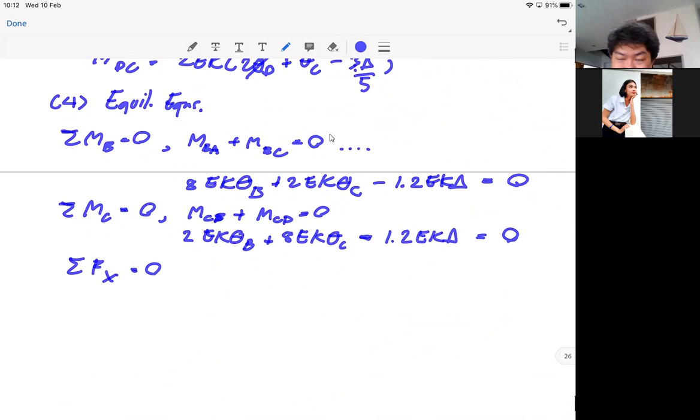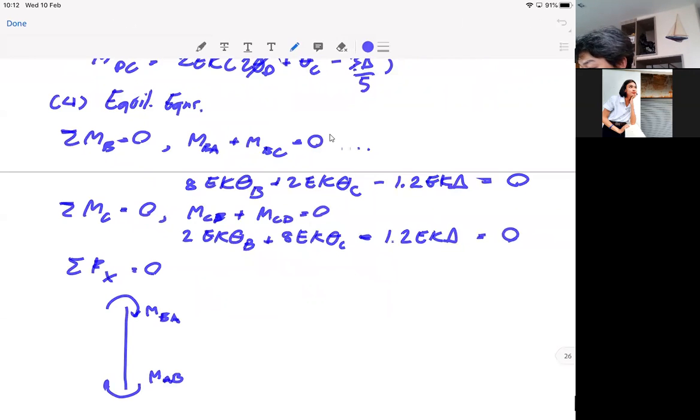How are we going to get that? So you will have your member AB, correct? You will have your MBA. So I'm writing with the clockwise positive sign. And you have MAB. And what else do you have? Let me change the color.